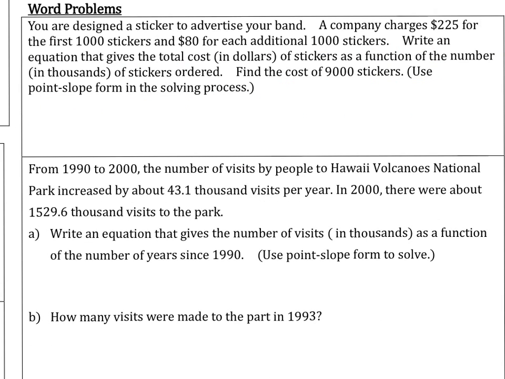For the following word problems, you would have to use the point-slope form as a strategy to solve for your answer. So let's begin. You have designed a sticker to advertise your band. A company charges $225 for the first 1,000 stickers and $80 for each additional 1,000 stickers.